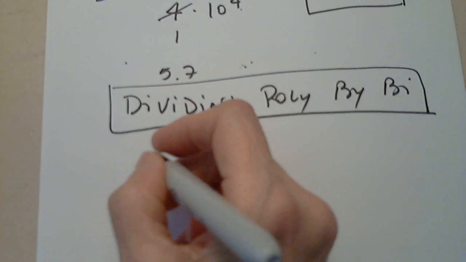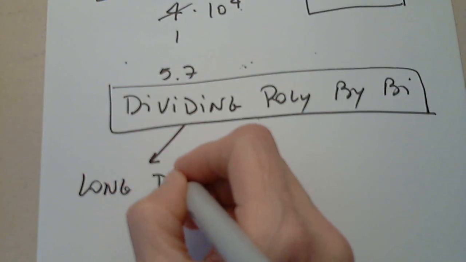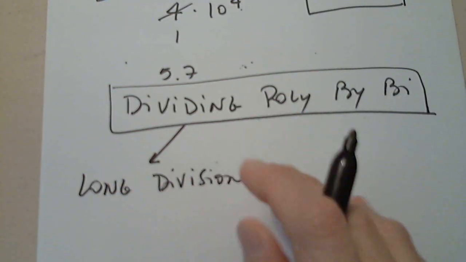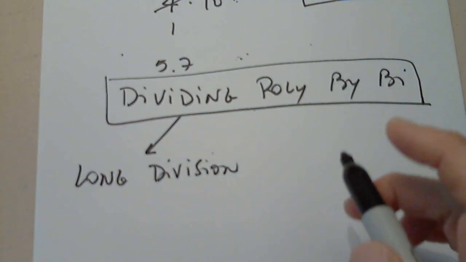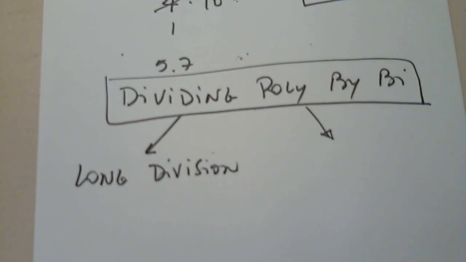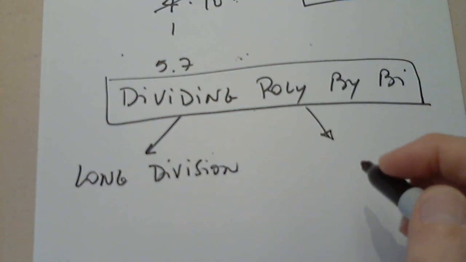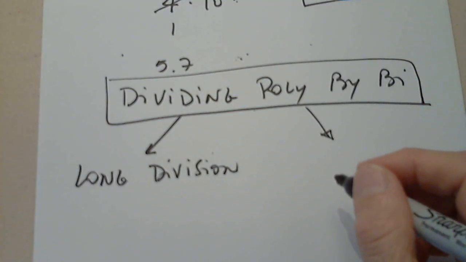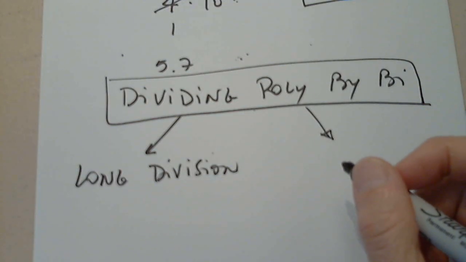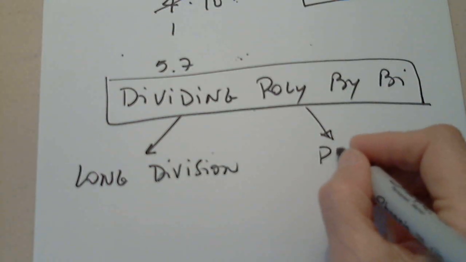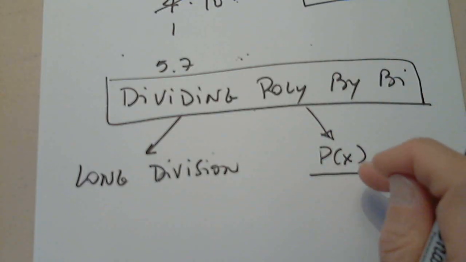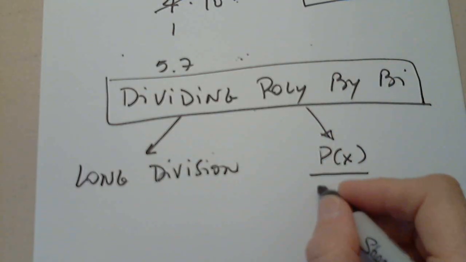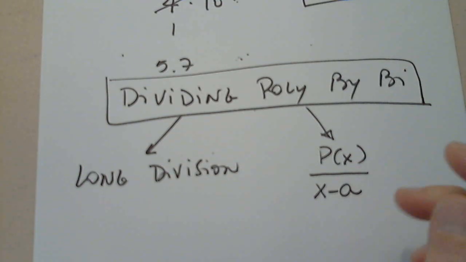One of them is called long division. And this works forever and ever. The other one has limited applicability, and it's called the synthetic division. So when we have a polynomial p of x, that's why I'm saying it has limited applicability. Only when we divide a polynomial by x minus a number.